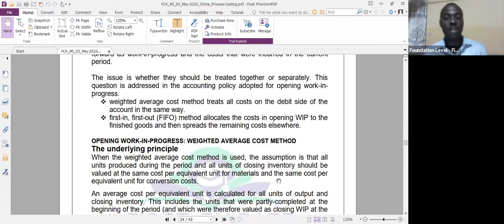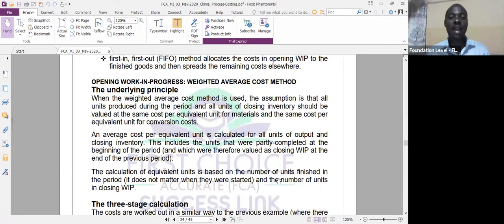Now we are going to look at the weighted average cost method. Look at the underlying principle. When the weighted average cost method is used, the assumption is that all the units produced during the period and all the units of closing work in progress should be valued at the same cost per equivalent unit for material and the same cost per equivalent unit for conversion. I'll take it again.